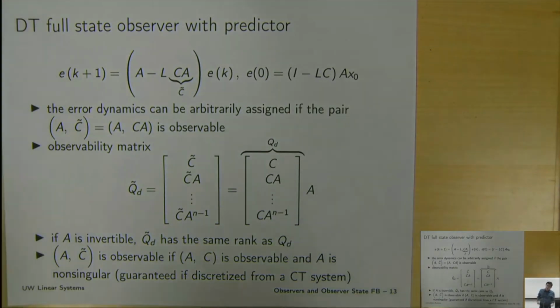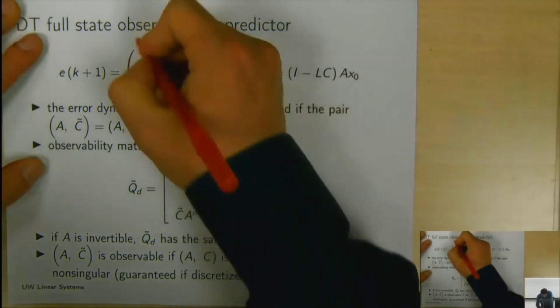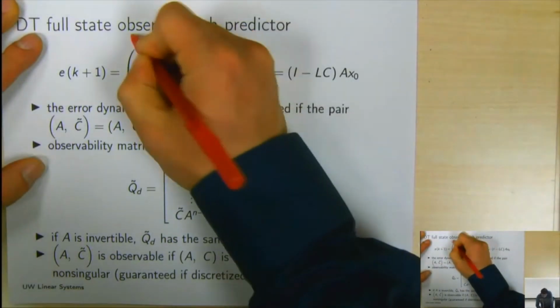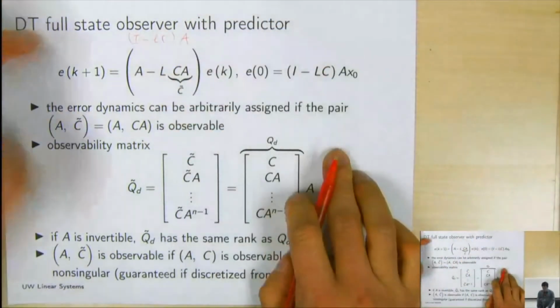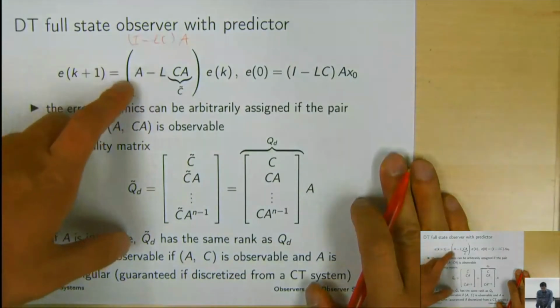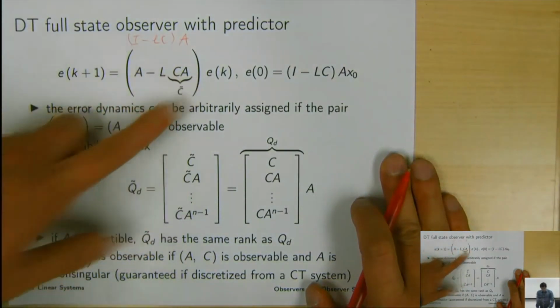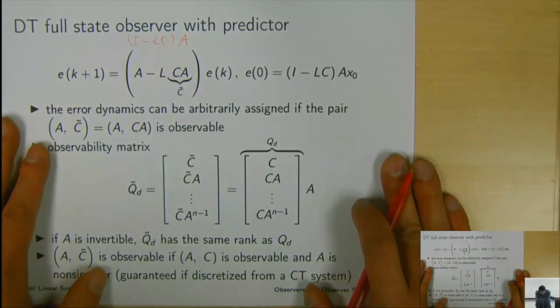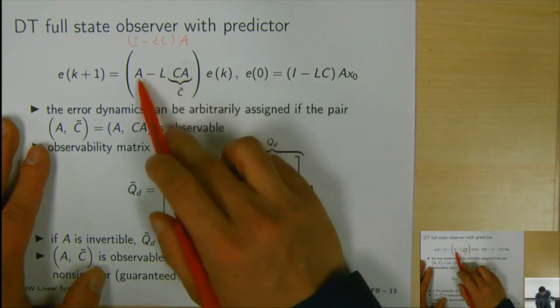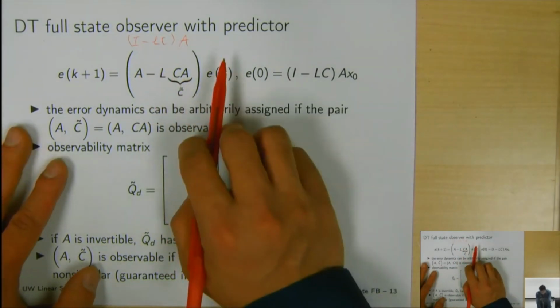Let's take a look at how this error dynamics looks. It equals I minus LC times A, or if you want, we can write it as A minus LCA e k.